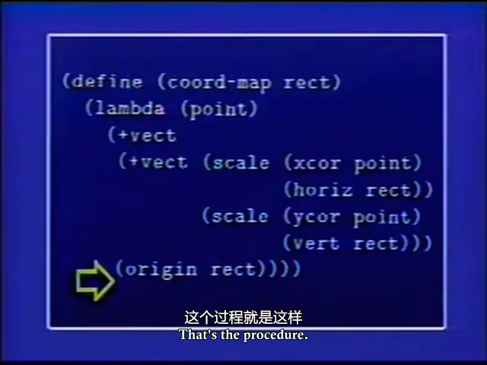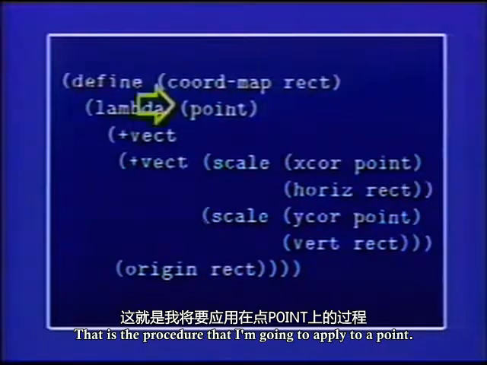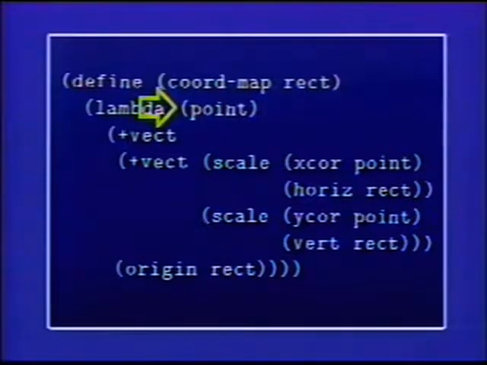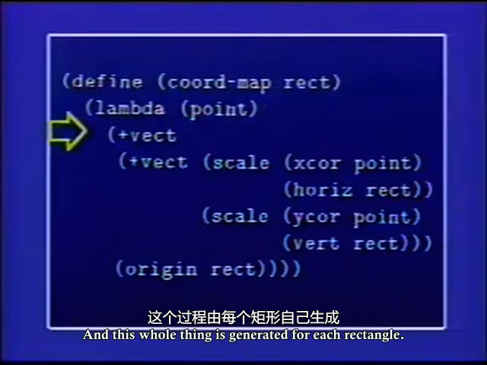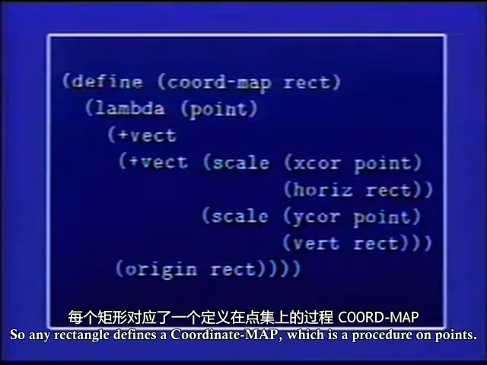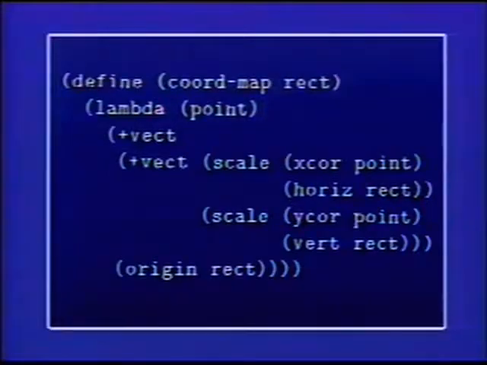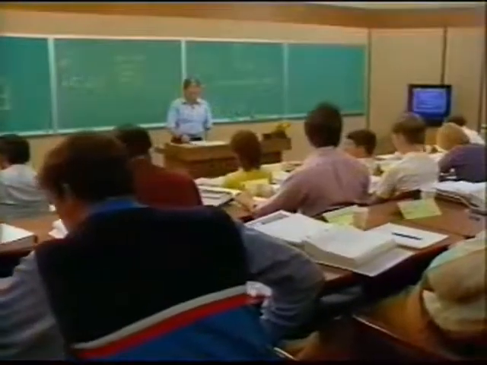That is the procedure that I'm going to apply to a point. And this whole thing is generated for each rectangle. So any rectangle defines a coordinate map, which is a procedure on points. Okay.